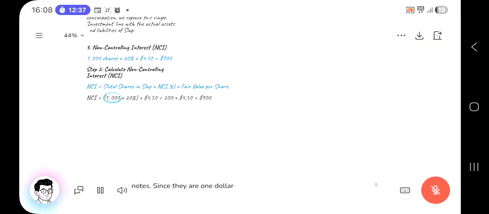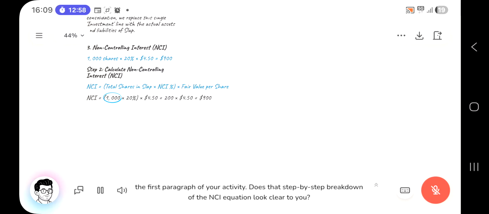Since they are $1 shares, $1,000 equals 1,000 shares. We multiply by 20% because Pat bought 80%. And the $4.50 was given right in the first paragraph of your activity. Does that step-by-step breakdown of the NCI equation look clear to you?